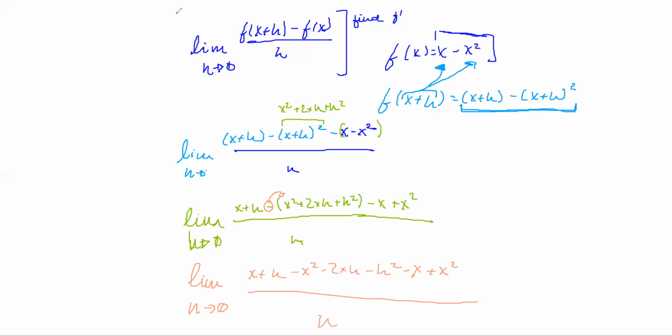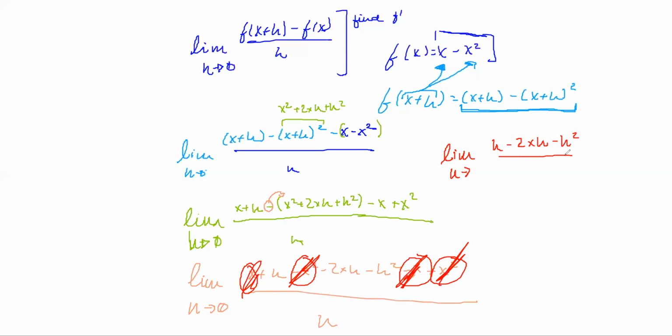Now I'm going to start deleting some stuff. I have a positive x squared and a negative x squared. So those are going to go bye-bye. I have a negative x and a positive x. Goodbye. So I'm going to end up with the limit as h goes to 0 of h minus 2xh minus h squared divided by h. You'll notice that there's h's in every single one of these terms. And so I can factor out an h.